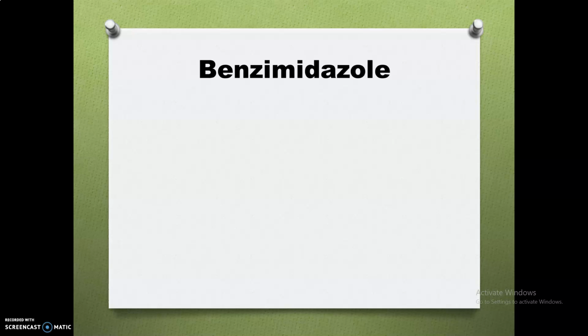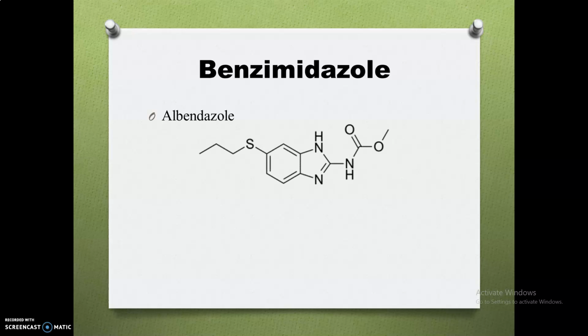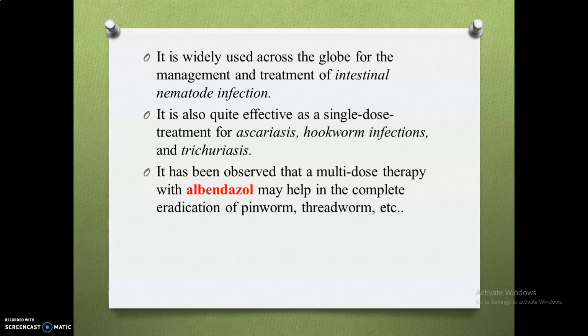We'll see the first example, albendazole. This is the structure. It has the IUPAC name methyl 5-propylthio-1H-benzimidazol-2-yl carbamate. It is widely used across the globe for the management and treatment of intestinal nematode infection.